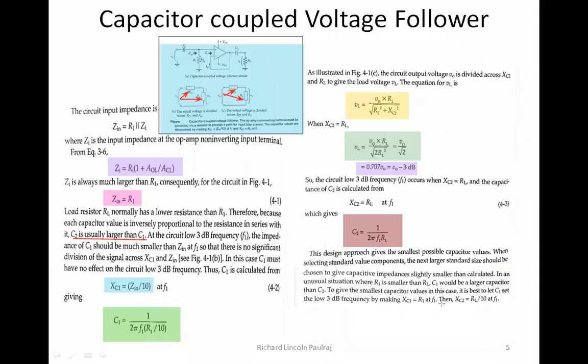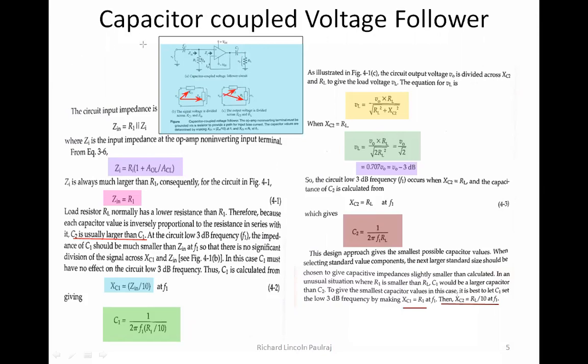So that's what it says here. Then XC2 will be RL divided by 10 at F1, and XC1 will be equal to R1. So R1 I will not be dividing by 10, but RL I will be dividing by 10 whenever my capacitor becomes small. So always keep in mind, whichever capacitance is small, I will be dividing that resistance.